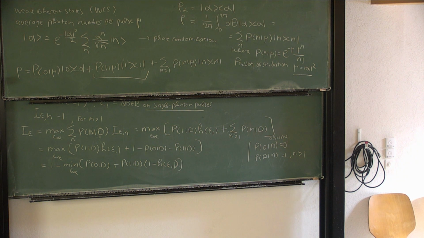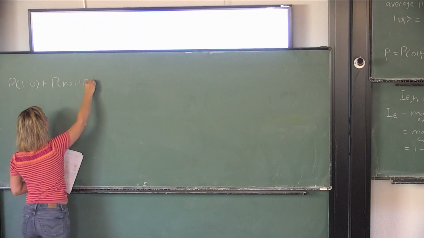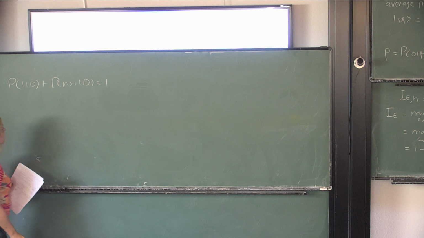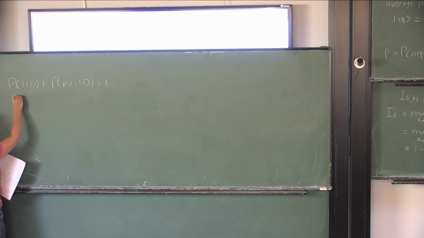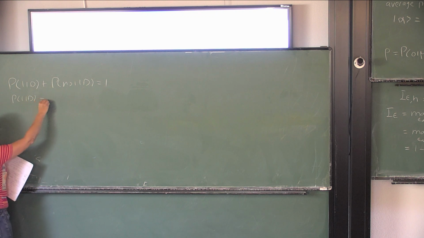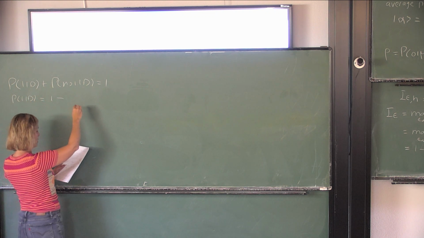And so now, of course, the probability, by the law of probabilities, this has to be equal to 1. We can show that the probability of 1 given detection is going to be 1 minus this.